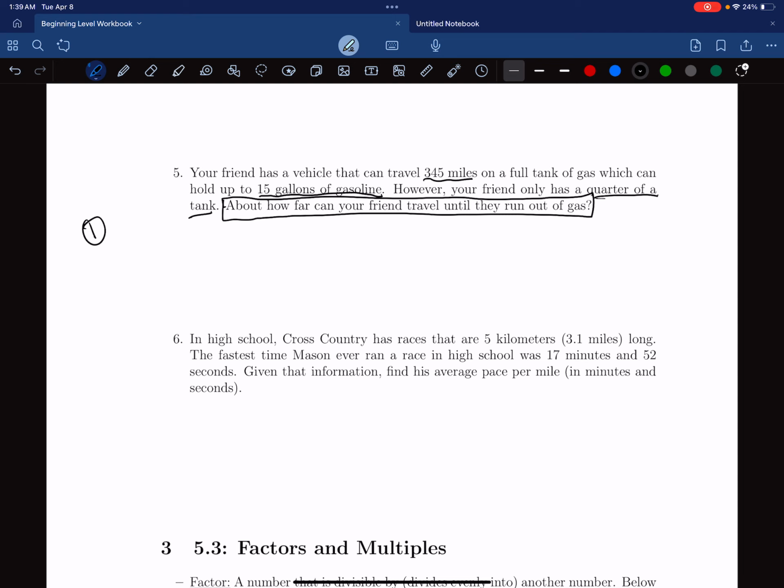What I would do as my first step is find how many miles your friend's car can travel per gallon. To find that out, we're going to take this 345 miles and divide that by the 15 gallons of gasoline.